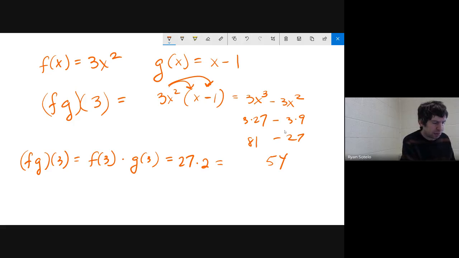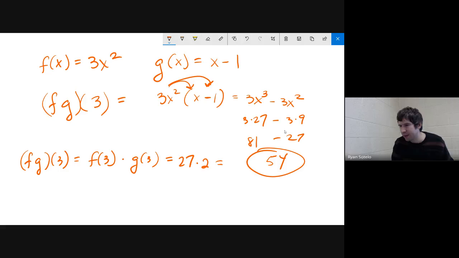So I just plugged in 3 into f and wrote that, and I plugged 3 into g and wrote that. And then 27 times 2 should be 54. Good, it is 54. So either way you want to do those, that works. But they may give you a specific number, and you can just plug it in. Does that make sense?